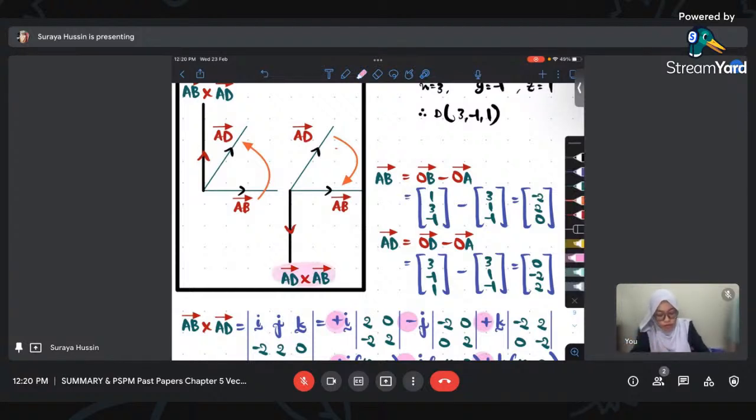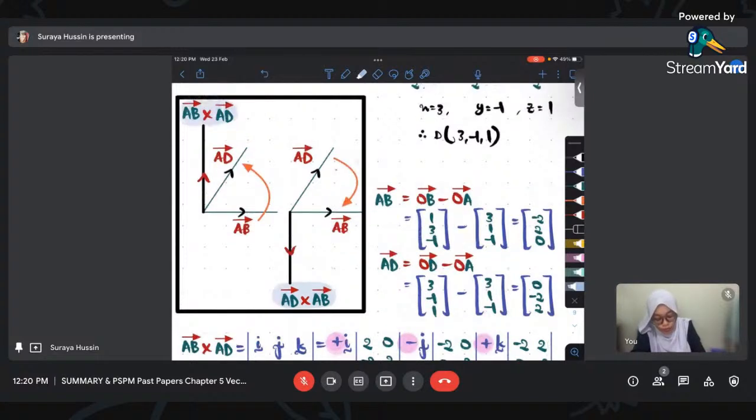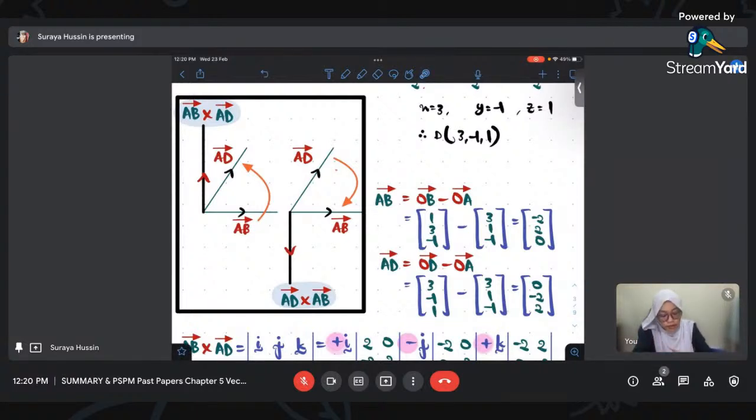So saya highlight dulu. So saya boleh pilih yang mana saya mahu. Tapi you know, still dia adalah benda penting juga. Maksud saya dia adalah benda yang sama juga. Anyway, I have to find AB, I have to find AD.